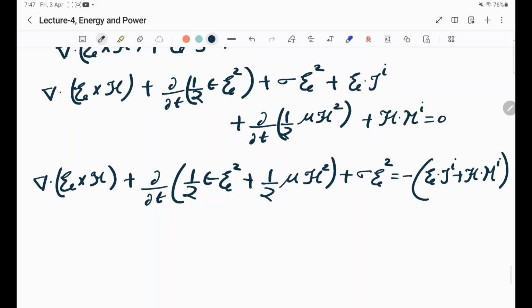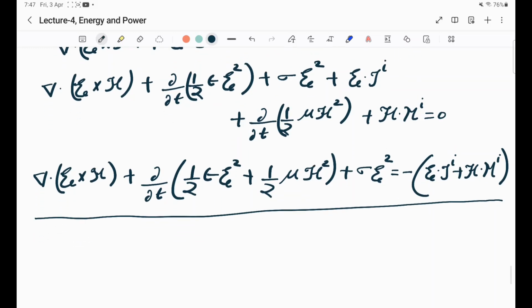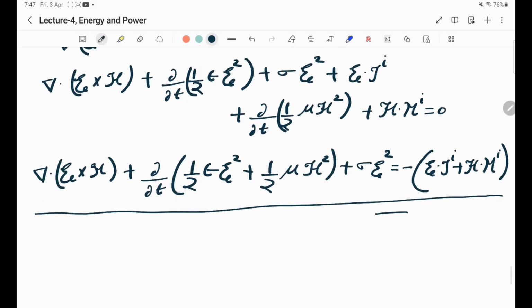Now I am going to hold this equation for some time, call it equation number C, and this is the right time to define a few more terms such as the dissipated power and the electric and magnetic energy densities. So let's do that first.